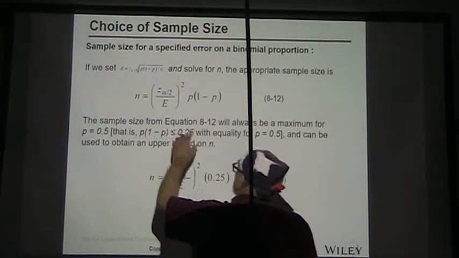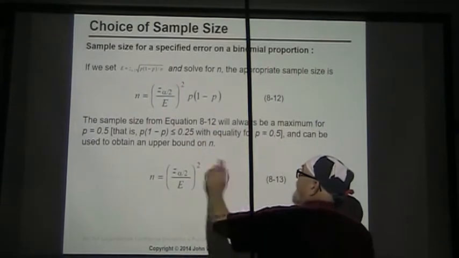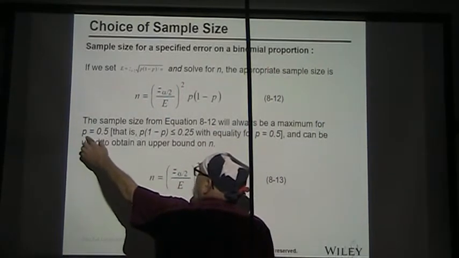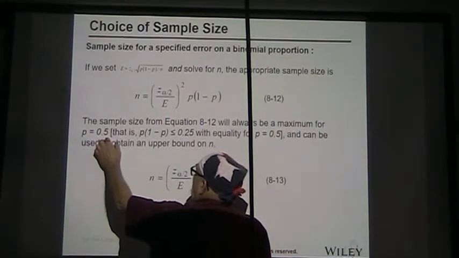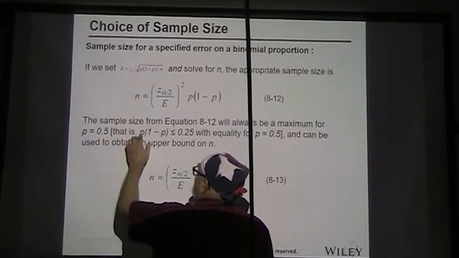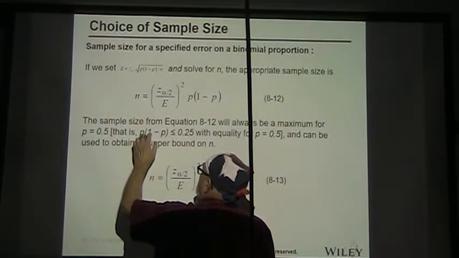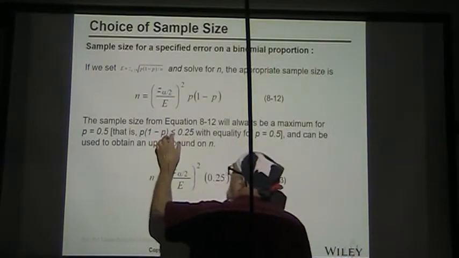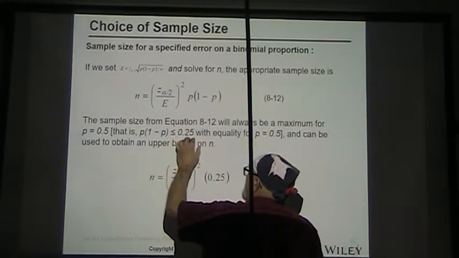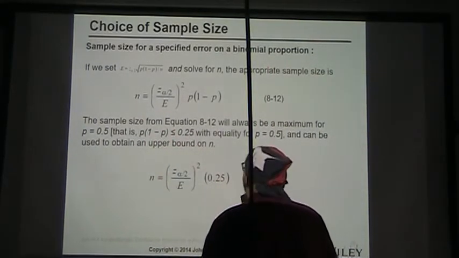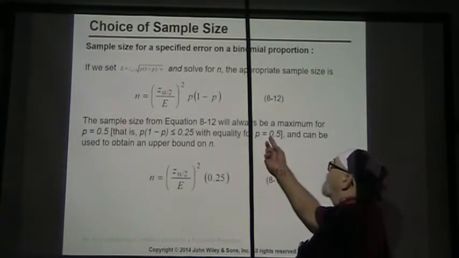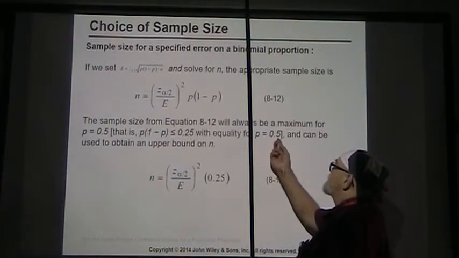So our sample size will always be a maximum at P equals 0.5, which means that P times the quantity 1 minus P is less than or equal to 0.25 when P is equal to 0.5.